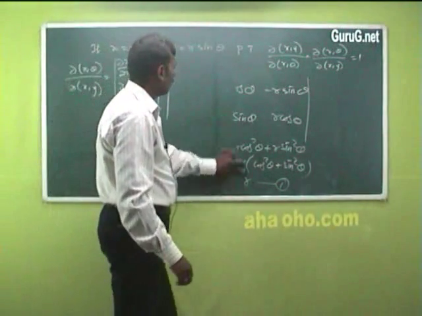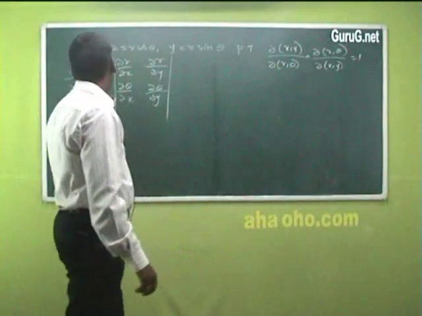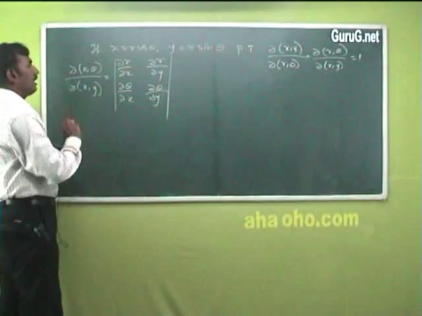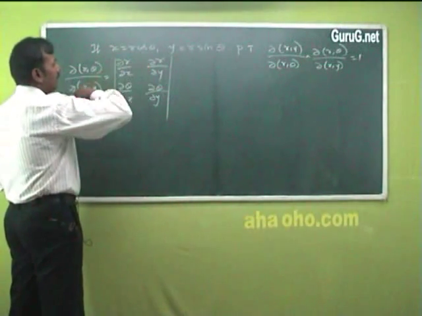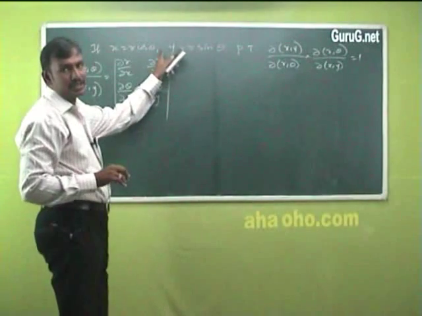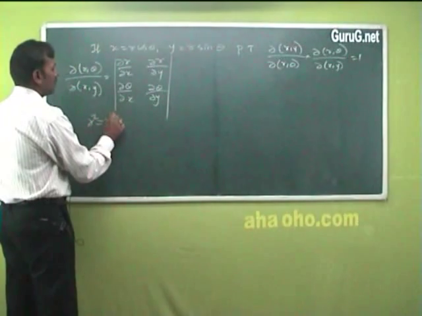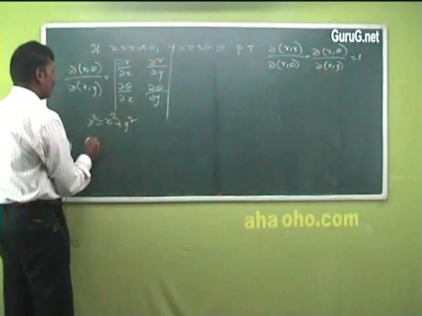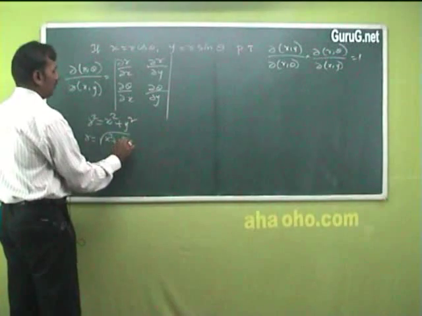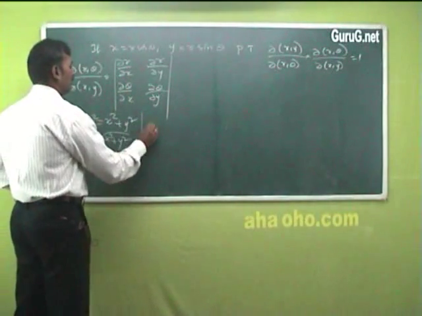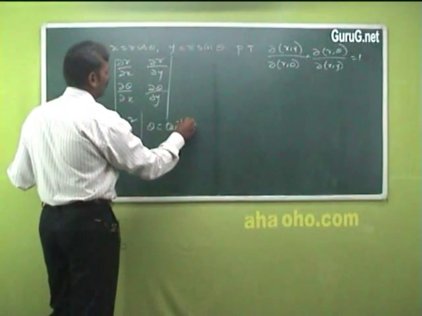So we need an expression for r and θ in terms of x and y. From these two equations, how can we find r in terms of x and y and θ in terms of x and y? So r squared equals x squared plus y squared, so r equals root of x squared plus y squared. Then you divide these two, so θ equals tan inverse of y by x.